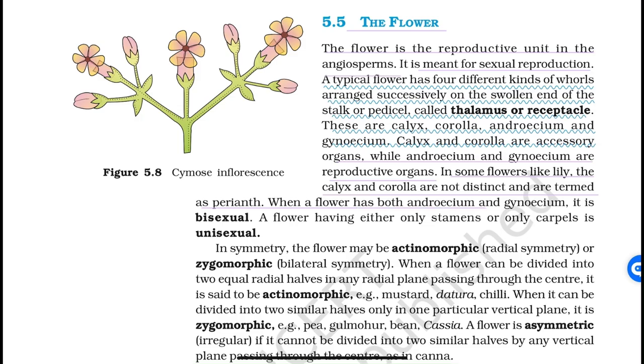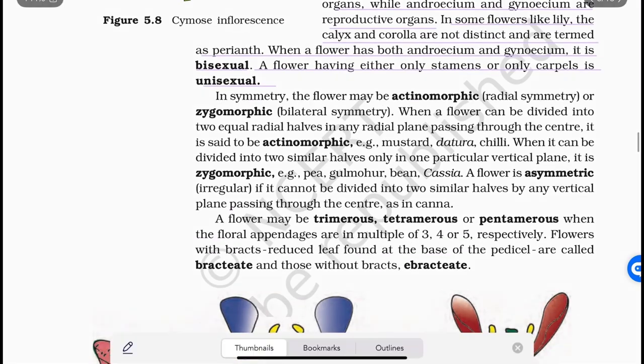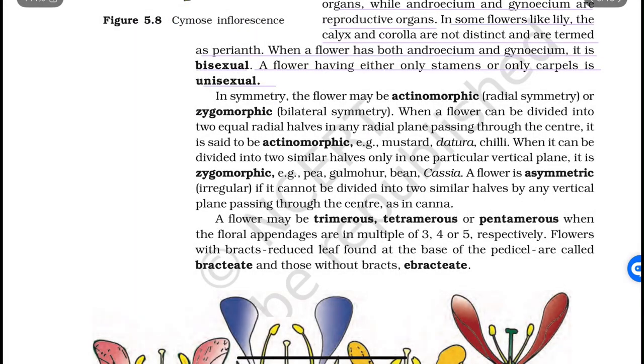When a flower has both androecium and gynoecium, it is bisexual. But if a flower has only androecium or only gynoecium, it is termed as unisexual. Here it is written: a flower having either only stamens or only carpels is unisexual. In symmetry, the flower may be actinomorphic, radial symmetry, or zygomorphic, bilateral symmetry.